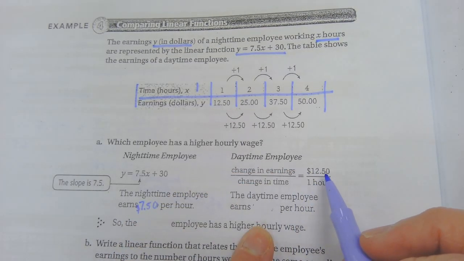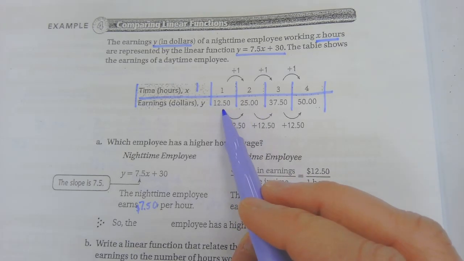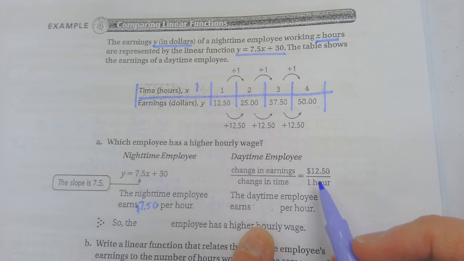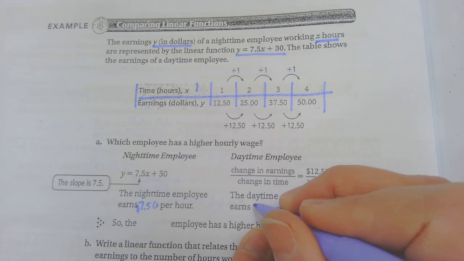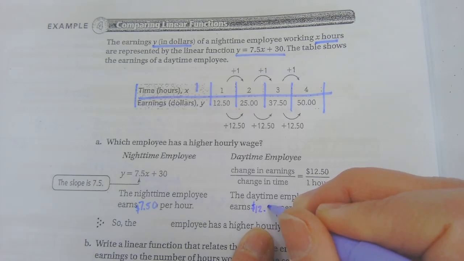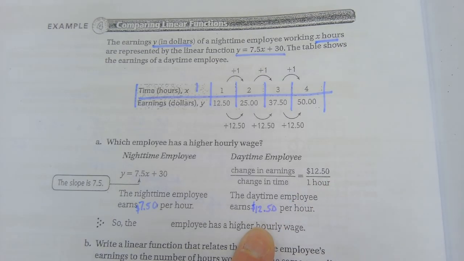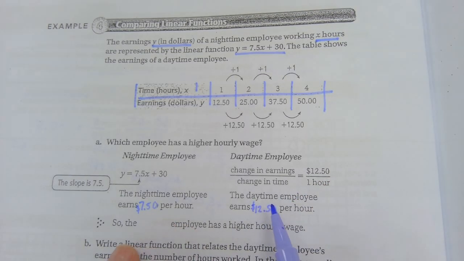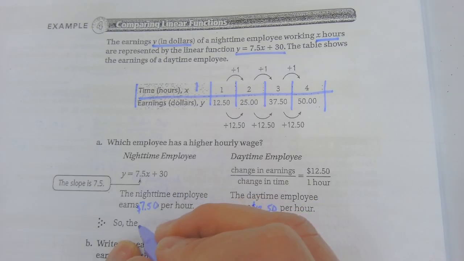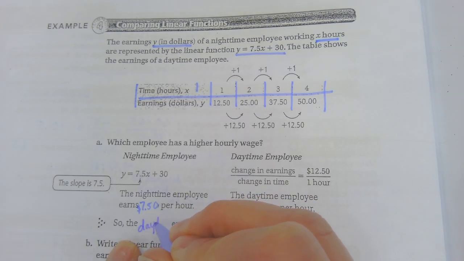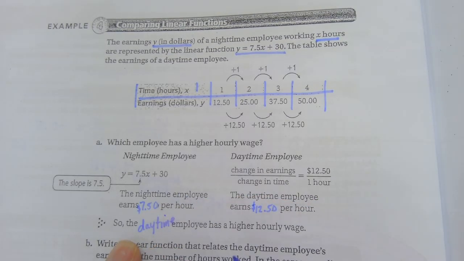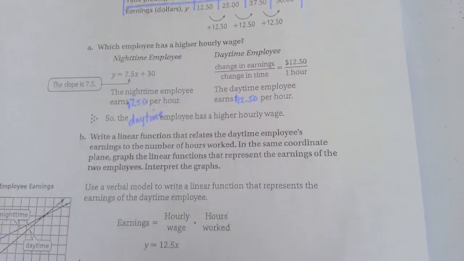And the daytime employee, if you take 12.50 over 1, which we got right here, that gives us our hourly rate. So we would make $12.50 per hour here. So if we compare the two, the daytime employee has a higher hourly wage.